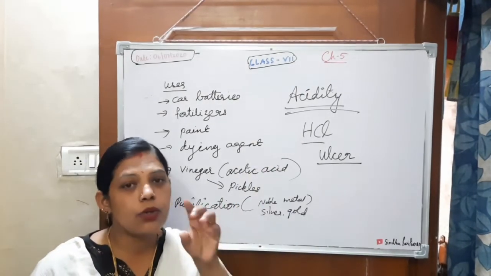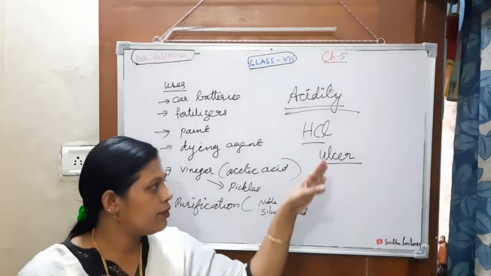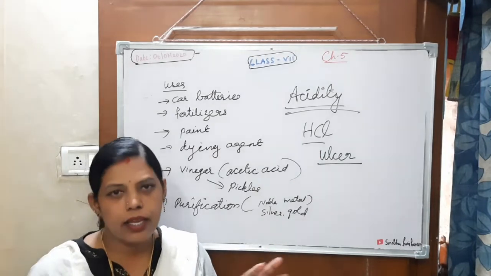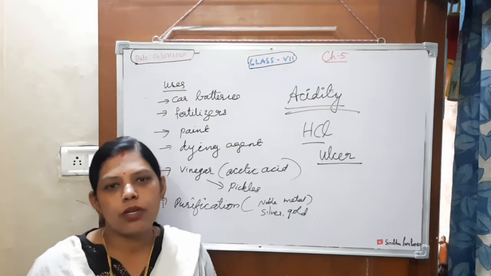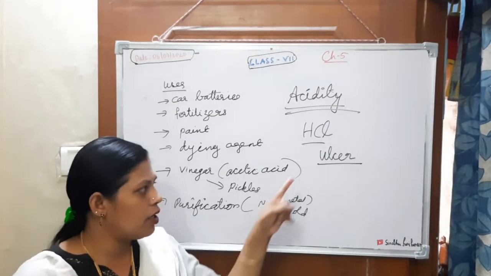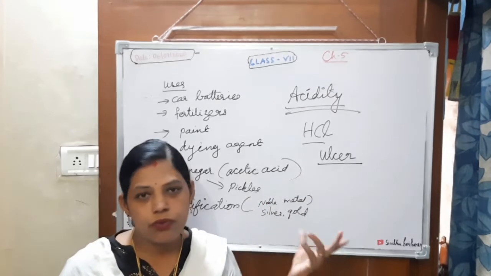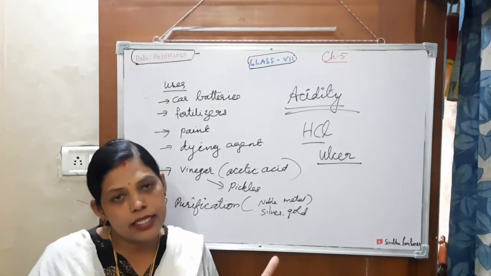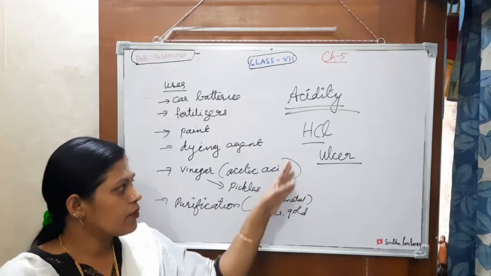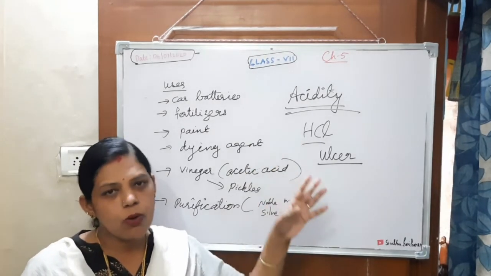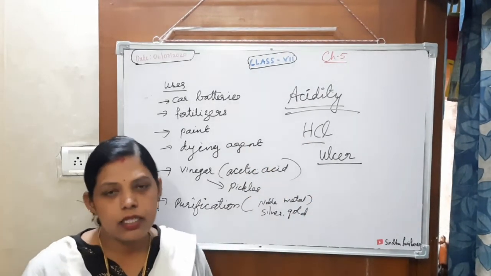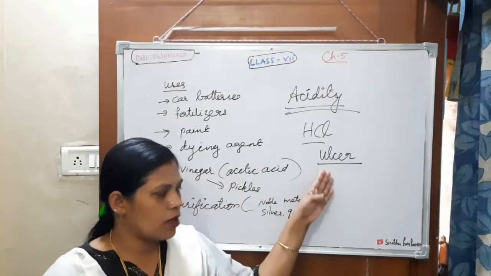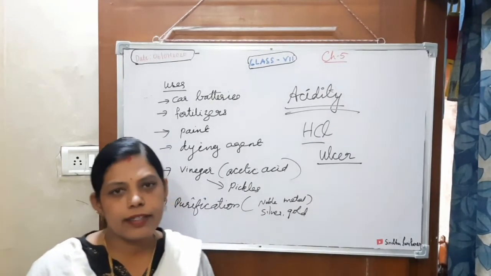That is why we say, don't sit without food. That means don't stay on an empty stomach. That is also a problem. If the stomach is empty and food is not there, hydrochloric acid increases, and the concentration becomes more, and it causes acidity. It burns the inner wall of the stomach, right?